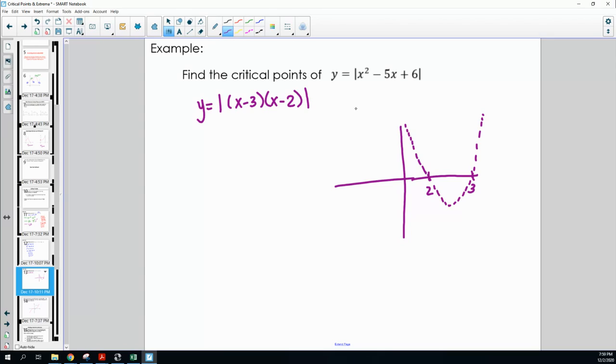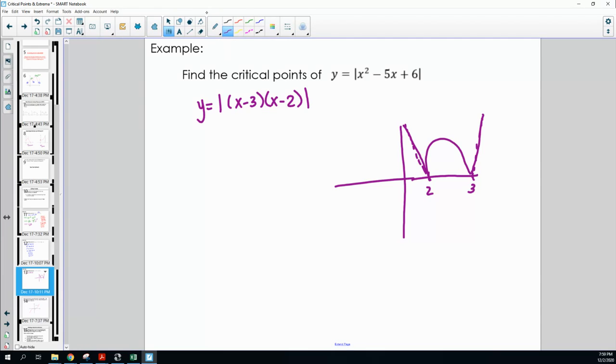But because it is absolute value, we can't have this negative piece down here. So we have the piece up here and up here, but then this piece has to reflect up. So it's going to become that. So I'm going to get rid of the bottom piece so we don't get confused. Okay, so my absolute value is just all positive, right? So we're going to reflect that piece up.